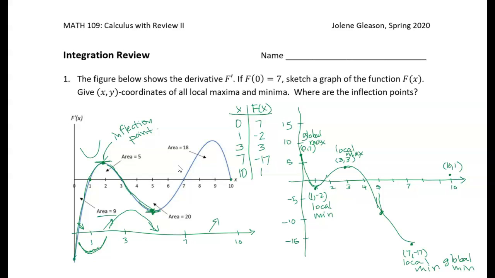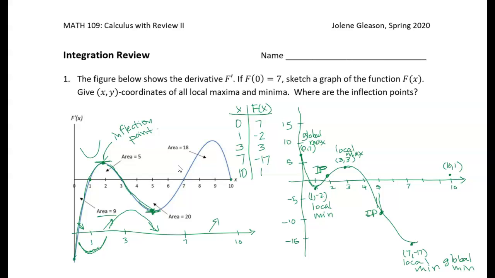Okay, we'll call that an inflection point. I'm going to call it IP for inflection point. And then we have another inflection point here at about 5. I'm just indicating where they are. You don't have to give the exact points.